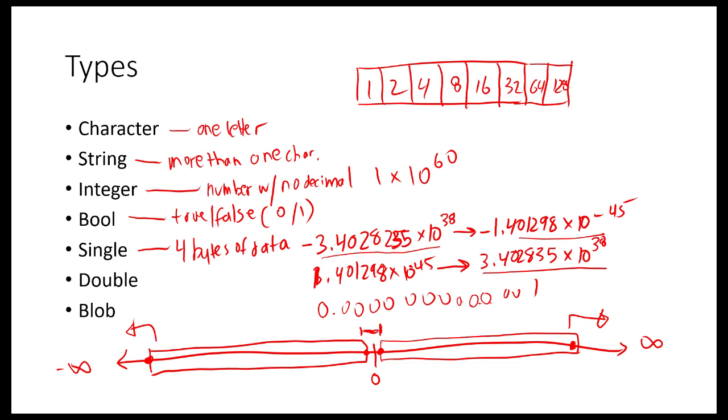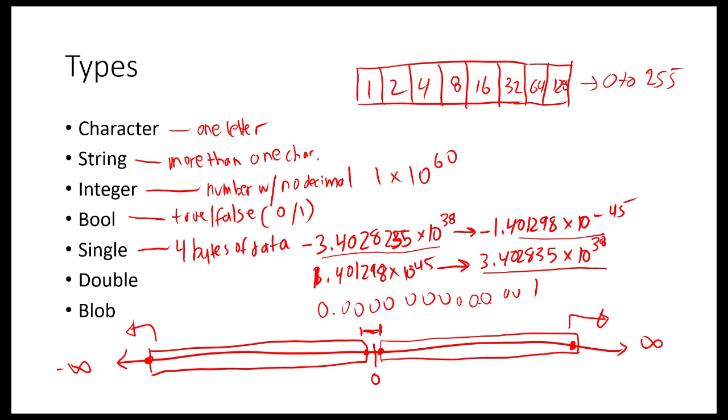If you look at these numbers 1, 2, 4, 8, 16, 32, 64, and 128, I can take any combination of these numbers and I can add up any number from 0 to 255.